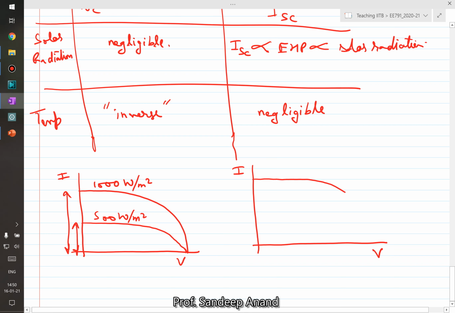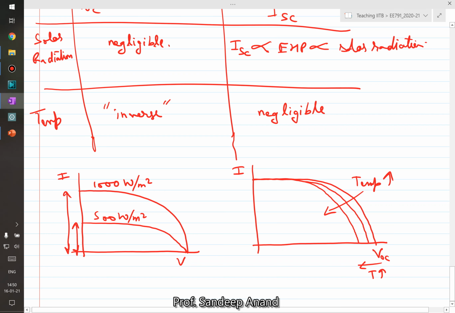And therefore, if you search for any data sheet that shows the characteristics at different temperatures, you will see a graph something like this, and you will move inside as the temperature increases, because the open circuit voltage is moving inside as the temperature is increasing.